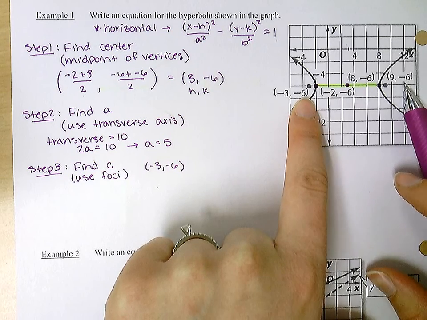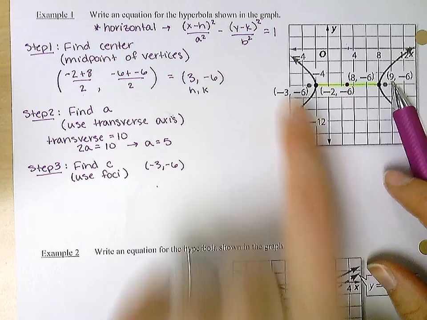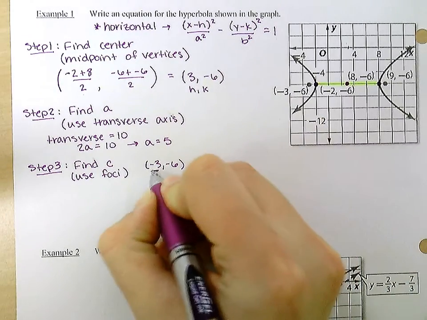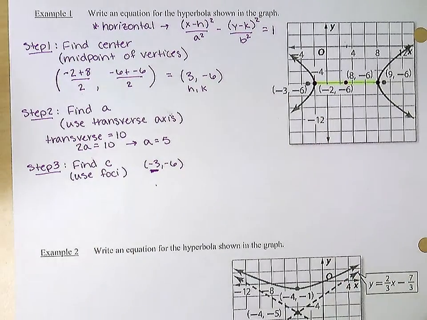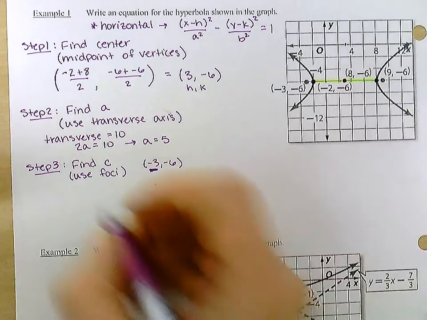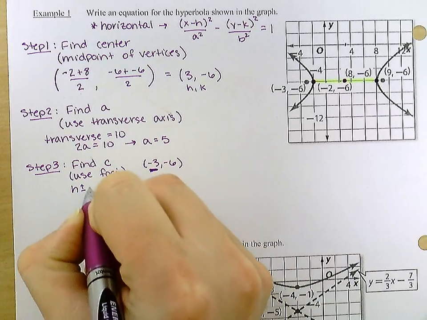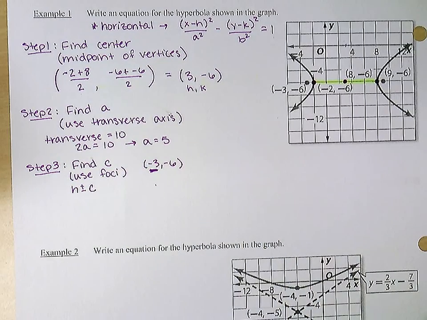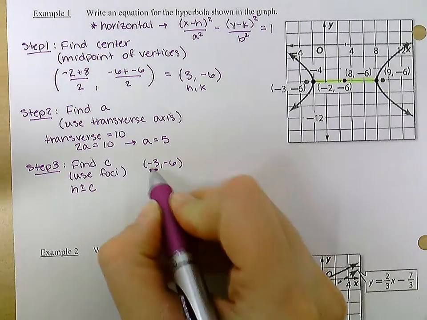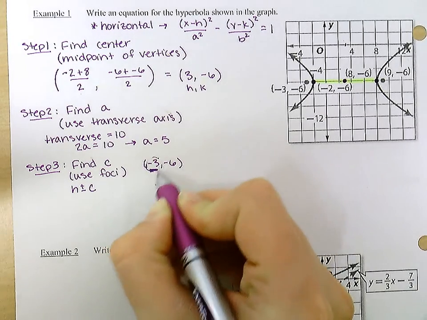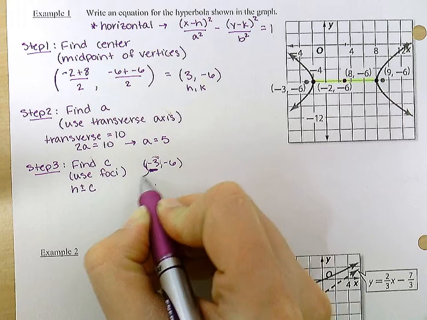They're both -6. So I need to look at this -3 part. In order to get that coordinate, if you look at the table on the front, you would take your h value plus or minus the c value. So that's what this x value is equal to.